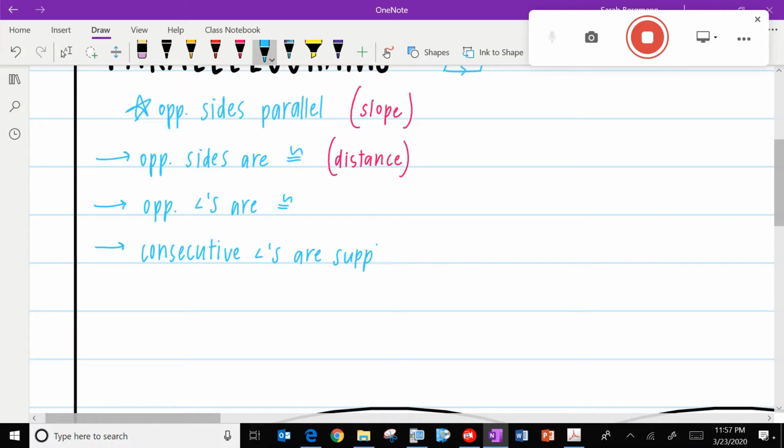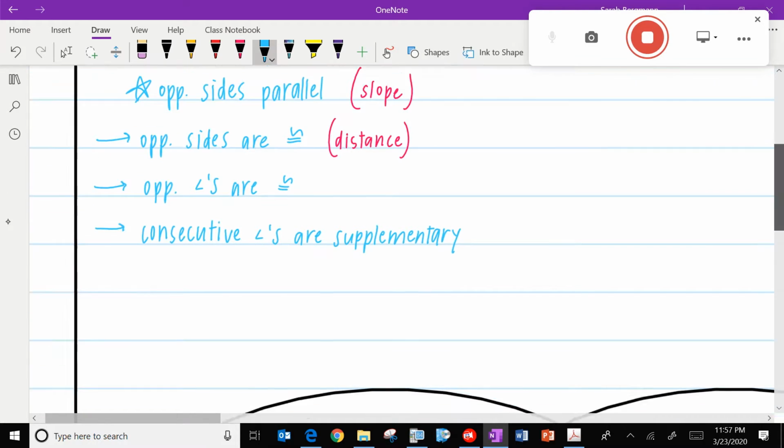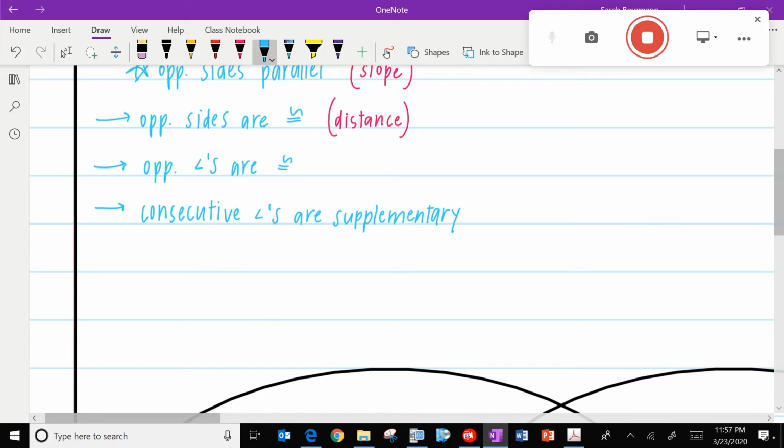Remember, that means they add up to 180. We know that if there is one right angle, there is automatically four right angles.